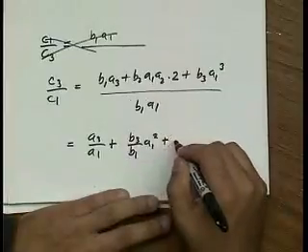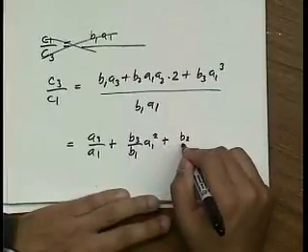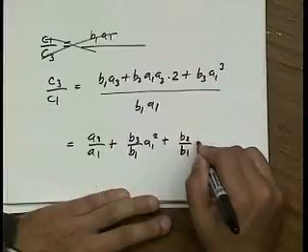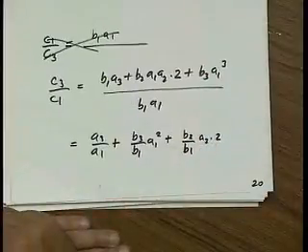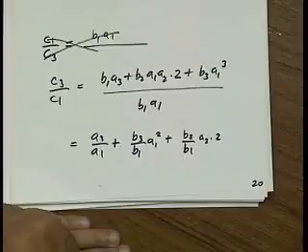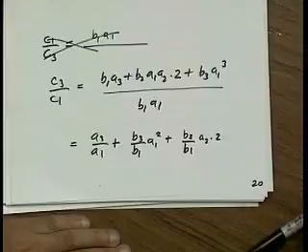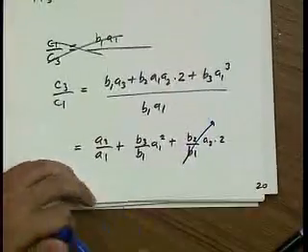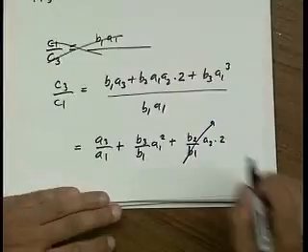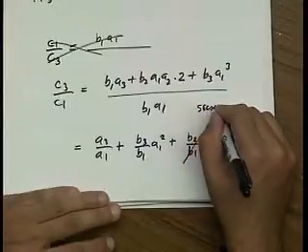And then I have this messy term. I have B2 over B1 A2 times 2. Now, engineers are lazy. We don't like messy terms. We don't have a good name for this, so we just say, forget it. This is the second harmonic interaction term.